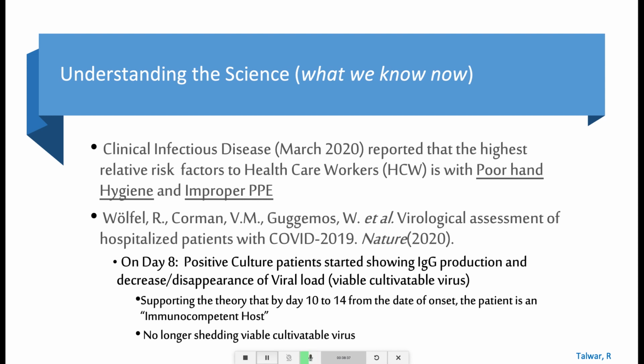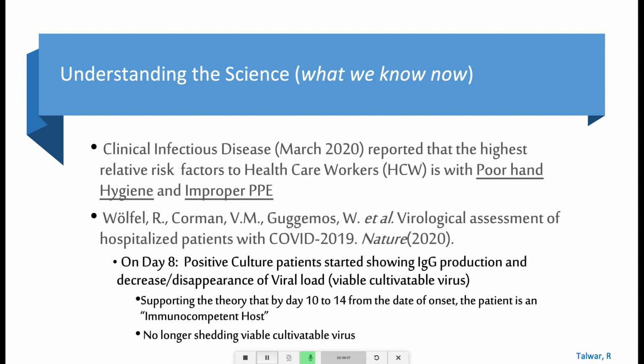I'm not sure if it was a disappearance, but there's definitely a decrease. So actual viable, culturable virus disappeared around day 8. That supports the theory that by day 10 to 14 from the date of onset of symptoms, the patient has become an immunocompetent host.